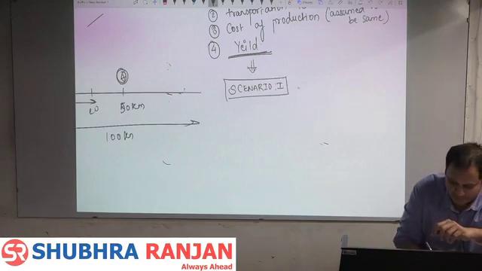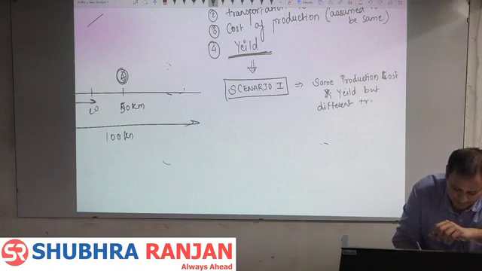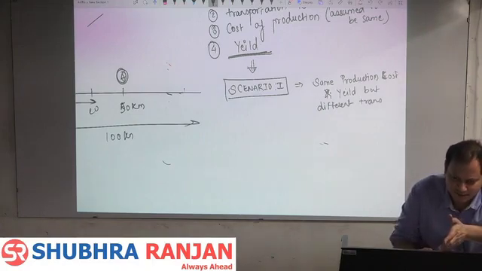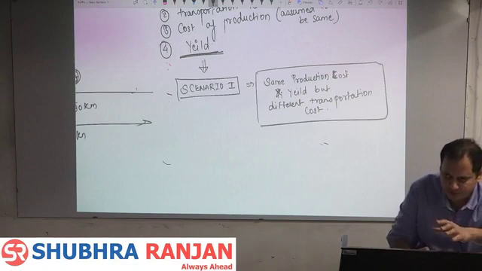Scenario 1, same production cost and yield, but different ट्रांसपोर्टेशन कॉस्ट. बहुत आसान है. सो जिसका ट्रांसपोर्टेशन कॉस्ट कम है, इट विल बी प्रोड्यूस्ड अवे फ्रॉम द मार्केट. सेम प्रोडक्शन कॉस्ट एंड यील्ड बट डिफरेंट ट्रांसपोर्टेशन कॉस्ट.